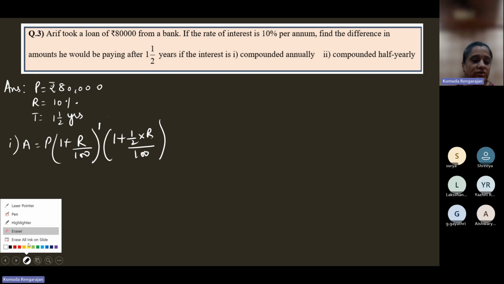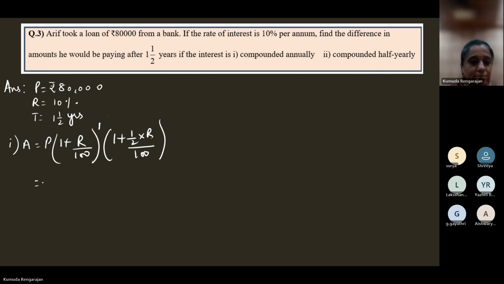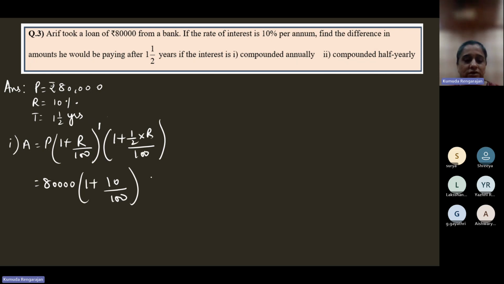Now substitute. P is 80,000 into 1 plus R, 10 by 100, to the power 1. So you can just ignore the power. Into 1 plus 1 by 2 into R, 10 by 100.